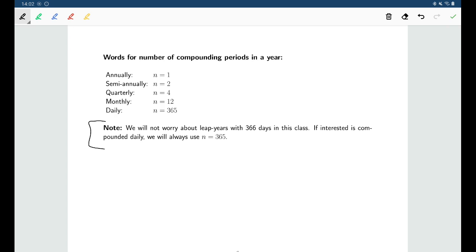But for this class, if I say compounded daily, then we're just going to assume that every year always has 365 days. We're not going to worry about 366 days. But do keep in mind that actual banks do that calculation taking care of the leap year. Anyhow, let's continue on and do some examples.